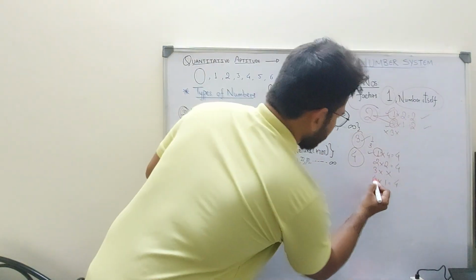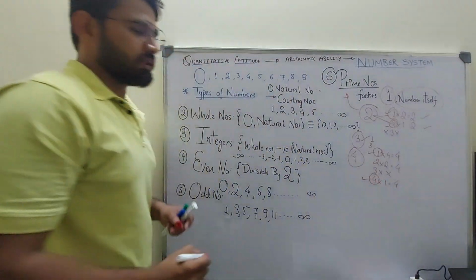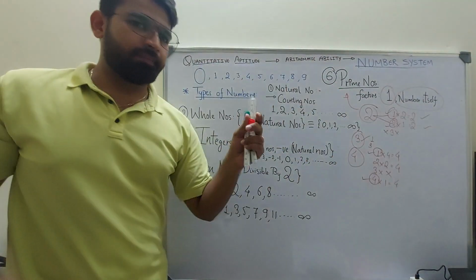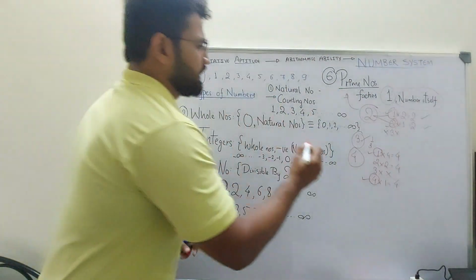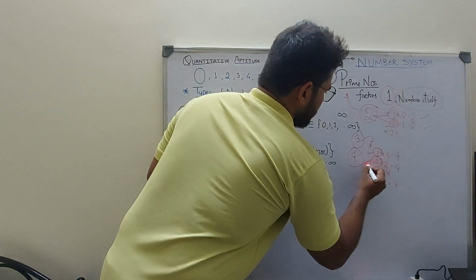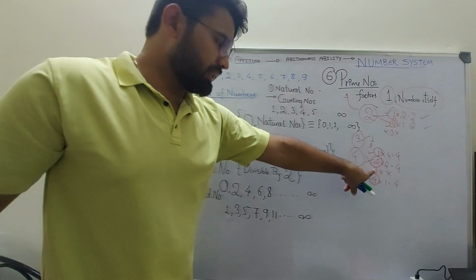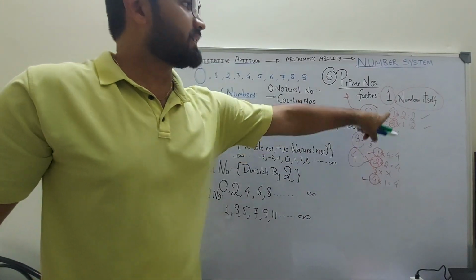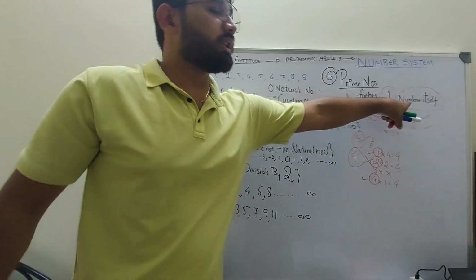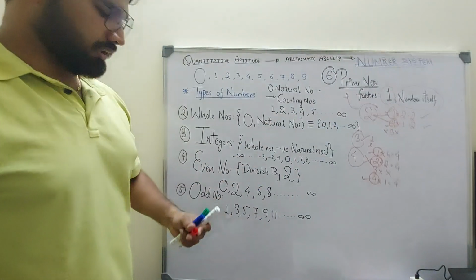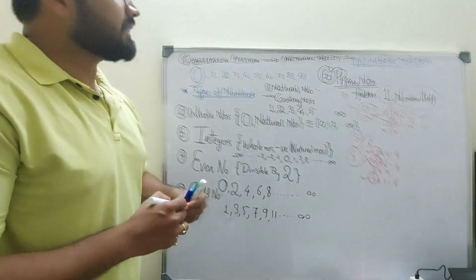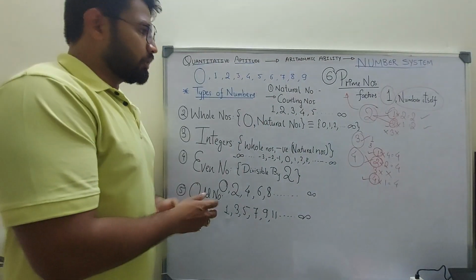The number itself is a factor, second condition also met. So is it a prime? No, not at all. Why? Because 2 is also a factor. The condition says that only 1 and the number itself should be the factors. Then only you can claim it as a prime number. I hope it is clear.